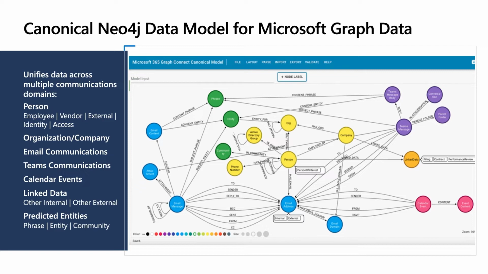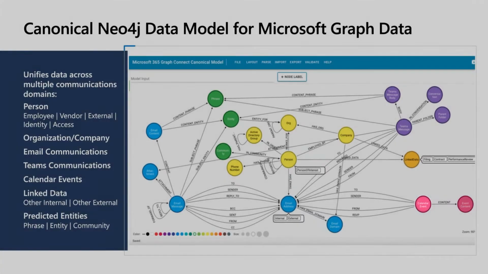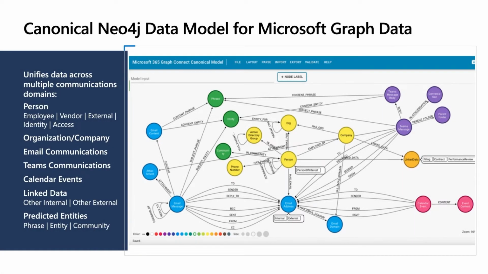Some of the entities that we've extracted include things like person, Active Directory, email, Teams messages, calendar events. We can get to SharePoint documents, etc. And then we can enrich this model using NLP-derived information such as phrase, entity, or sentiment. And then, of course, you can bring in any internal or external data that you want, using this canonical data model as a starting point for building out your use case.